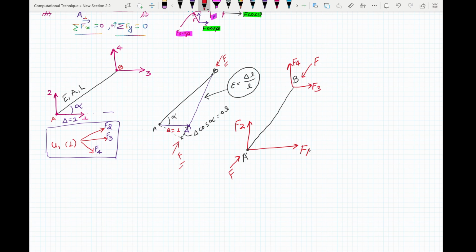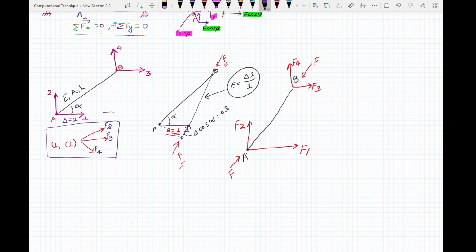Now these forces are induced because of this displacement. Therefore this will give us the effect of displacing a unit in degree of freedom 1 with all the other degrees of freedom.